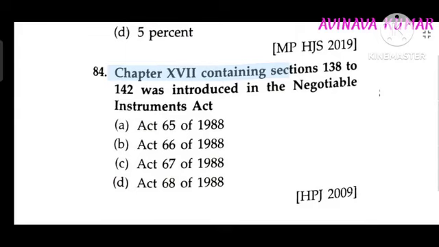Chapter 17, Section 138 and 142 was introduced in the Negotiable Instrument Act by Act 66 of 1988.